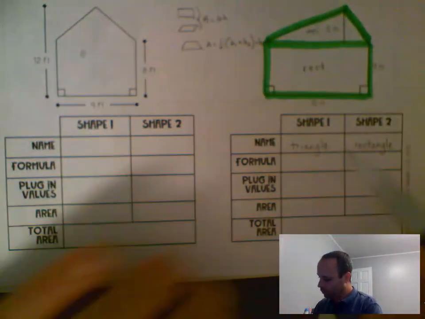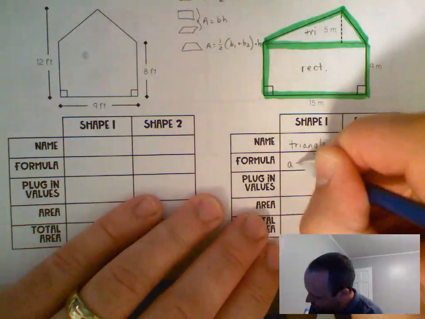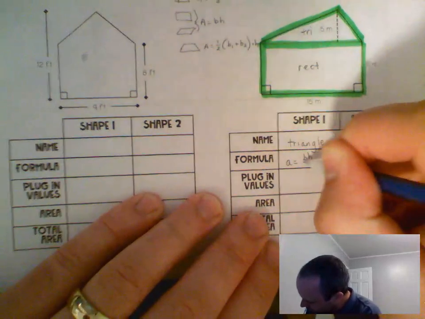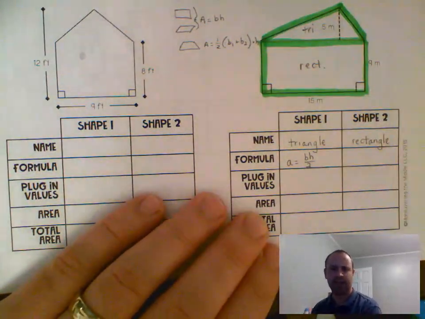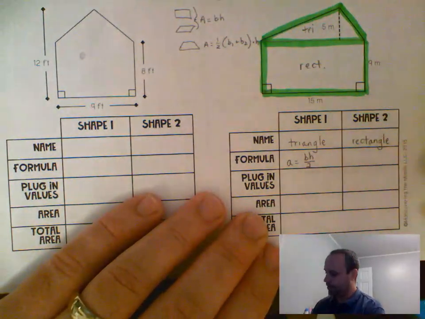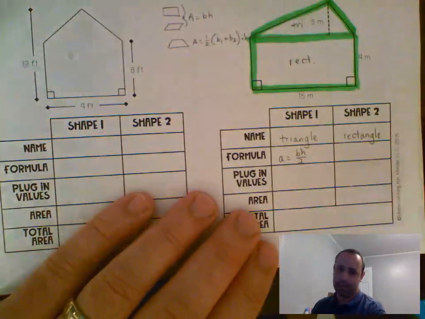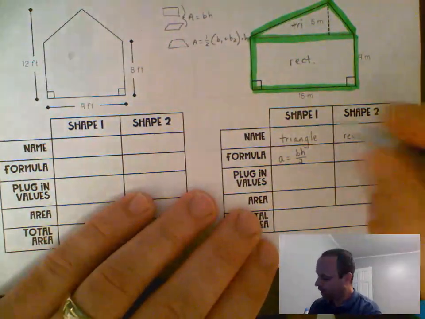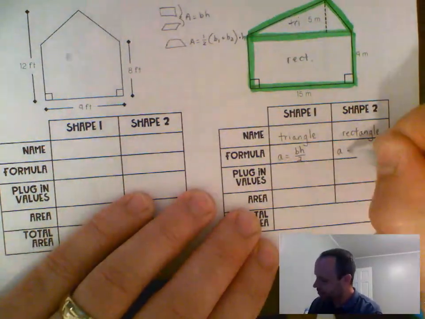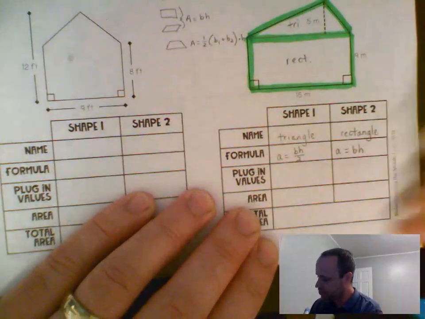The formula for the area of a triangle is B times H over 2. That's something we learned last week, or earlier this week, Monday. And the formula for a rectangle is area equals BH.